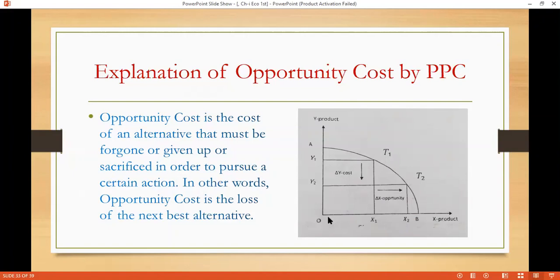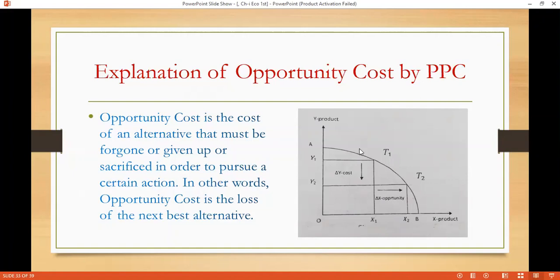Only by x1, x2, y1, y2 we have measured the thing, just to illustrate the opportunity cost. See here, from 0 to here is y1, y2 production, and here x1, x2 production, and the curve is the AB curve.